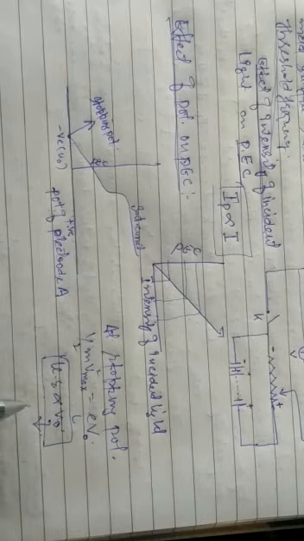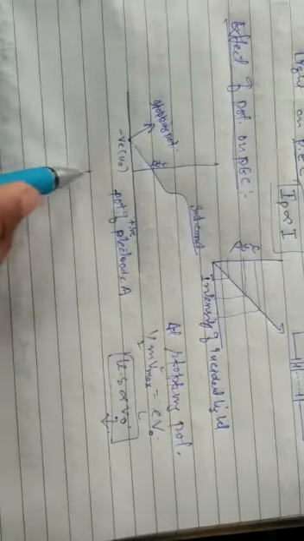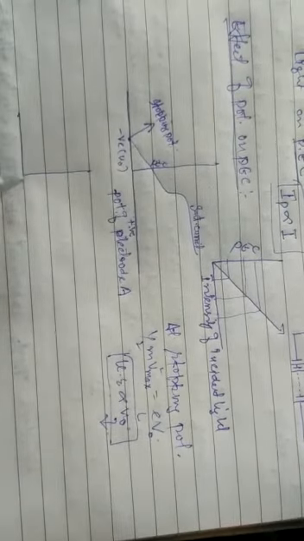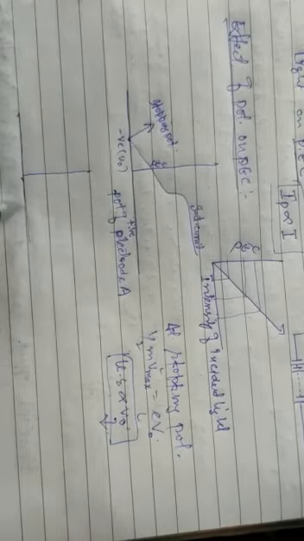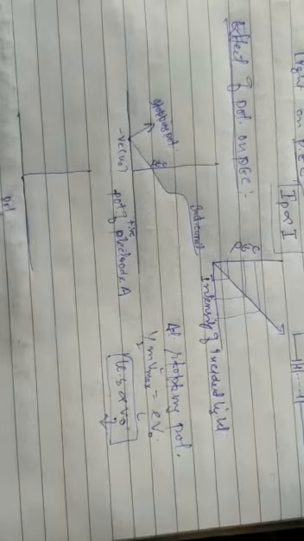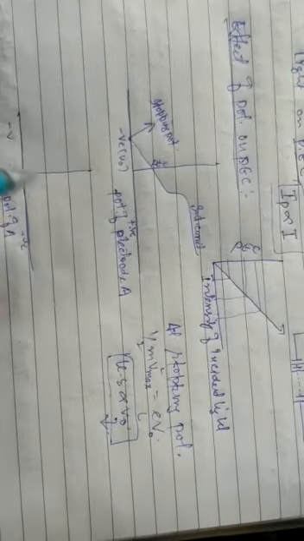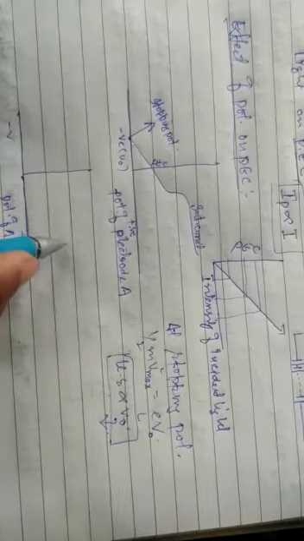Now if in the case intensity of incident light is increased and frequency is kept constant, once again I will have a graph here. If we increase the intensity, the potential of A will be the positive one, it will be the negative one. So we'll be having a graph.